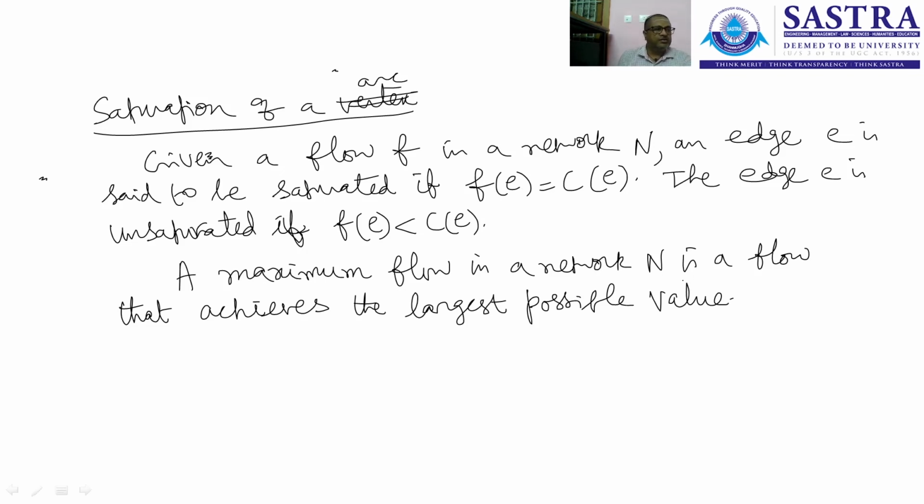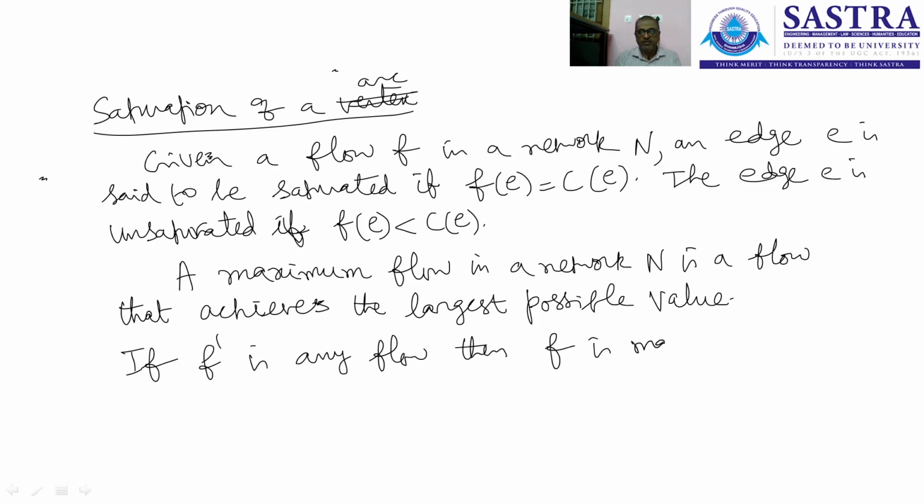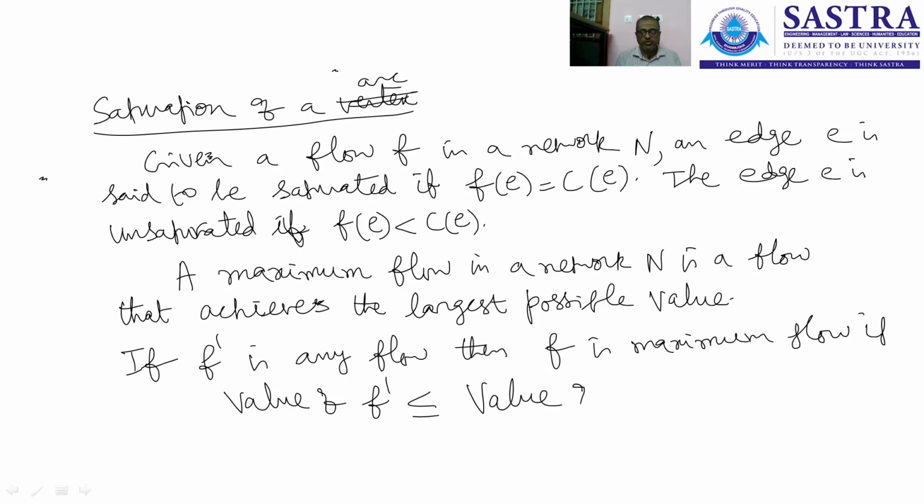In the case of the maximum flow, if f dash is any flow, then f is a maximum flow if the value of f dash is less than or equal to the value of f.